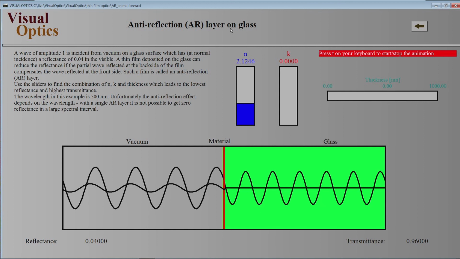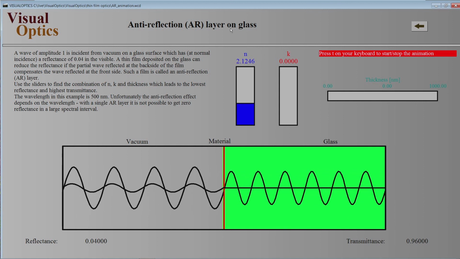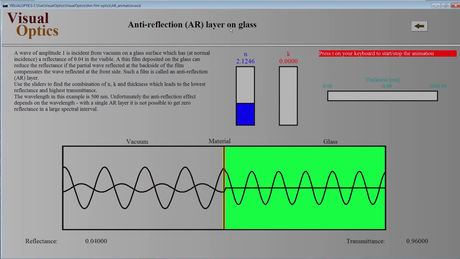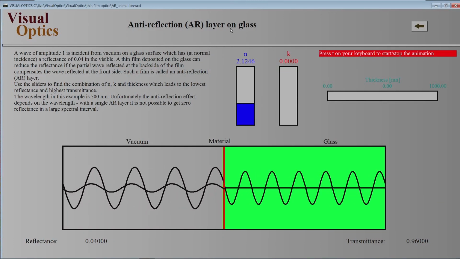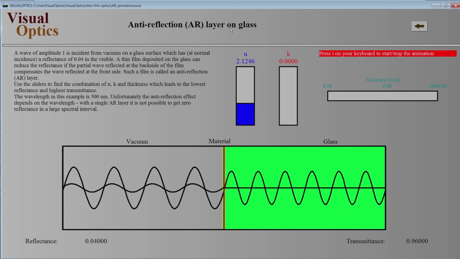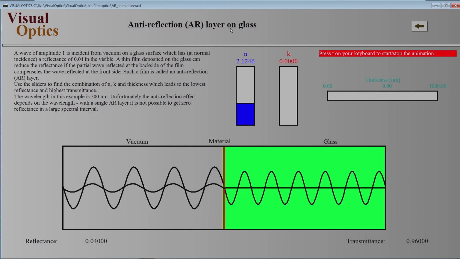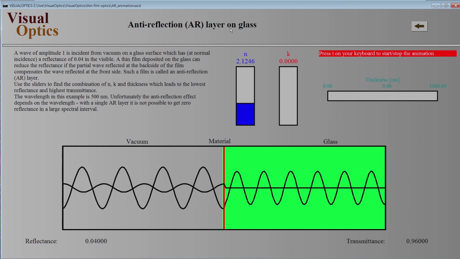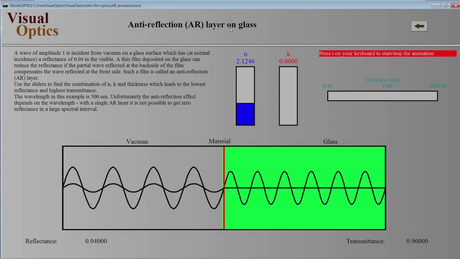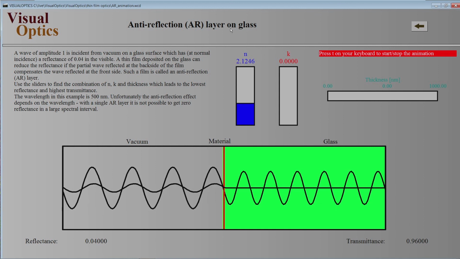We have seen that previously, and if these 4% are disturbing you, let's say in lenses for photographic objectives, or for all kinds of projectors, if you want to avoid the few percent of light at an interface, you have to add a so-called anti-reflective layer.